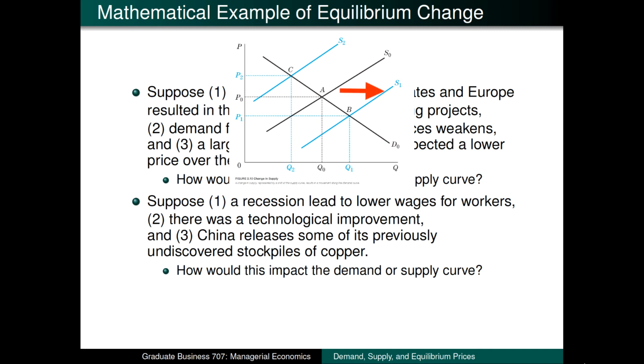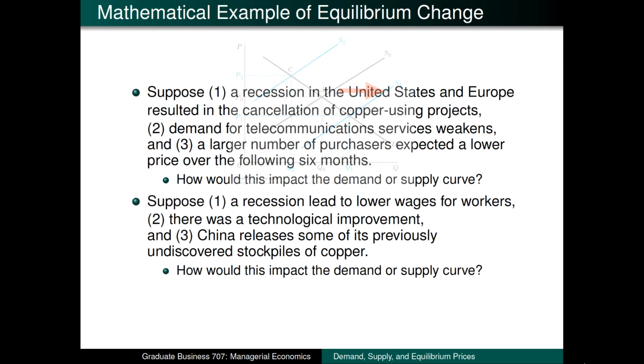A recession leading to lower wages for workers would increase the supply of copper. Similarly, technological improvement would also increase the supply of copper. Finally, China releasing some of its previously undiscovered stockpiles of copper would flood the market with a new source of copper supplies. All three of these scenarios shift the supply curve to the right.